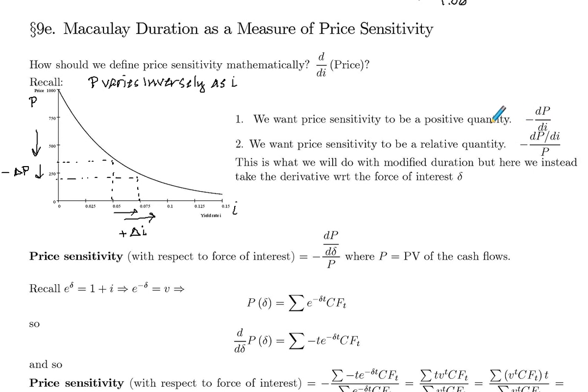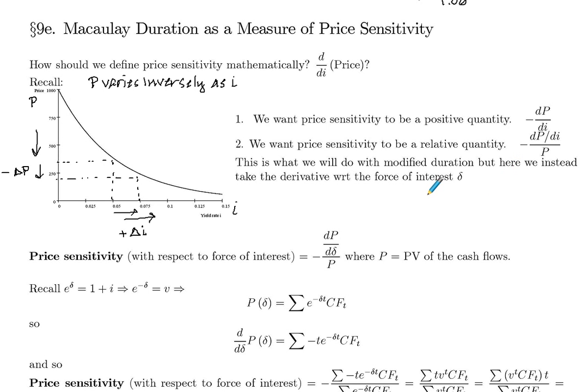But we also want price sensitivity to be a relative quantity, independent of our original price. We wouldn't want large price securities or large investments to have different price sensitivity than small investments. We want to factor that out, so we take our derivative and divide it by P. That gives us a relative quantity.